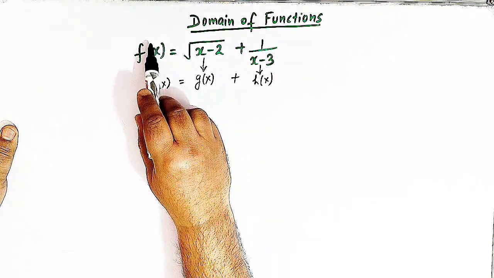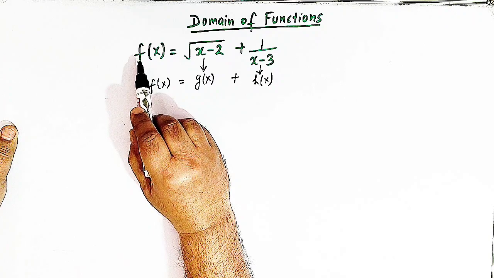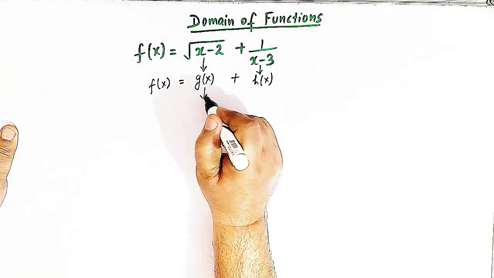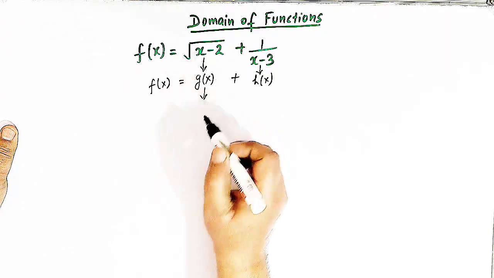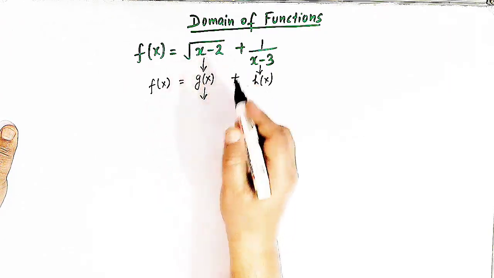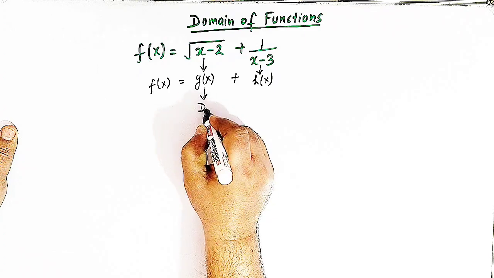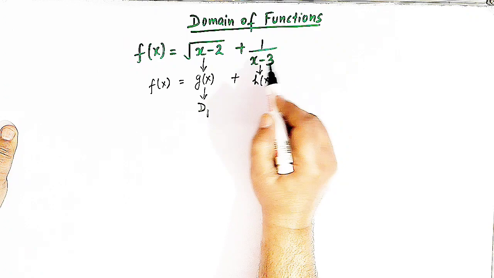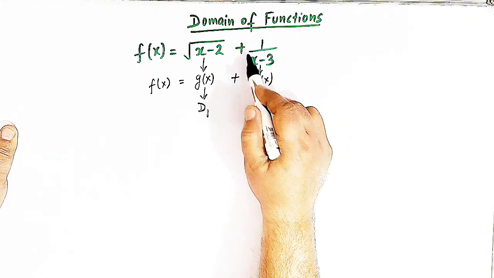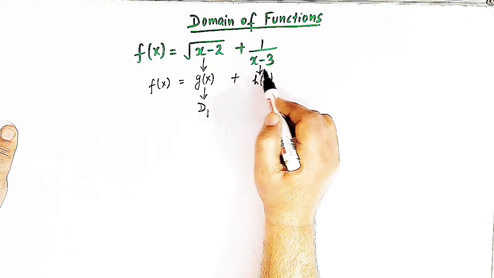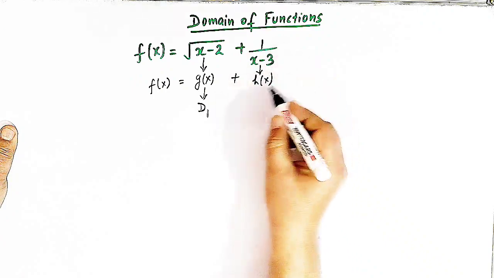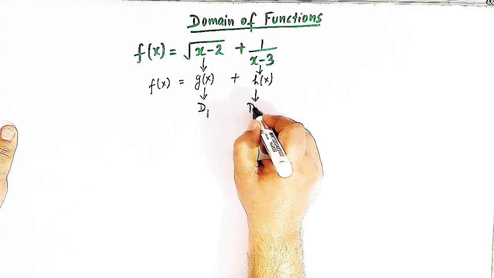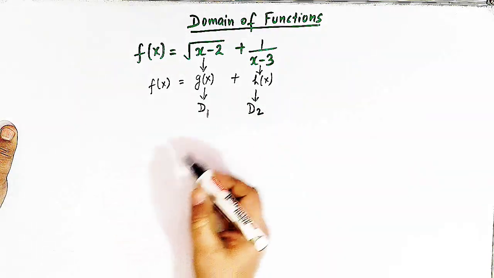In order to get the domain of f of x, we will first find the domain of the function square root of x minus 2, and call it D1. Then we'll find the domain of the rational function 1 over x minus 3, and call it D2.